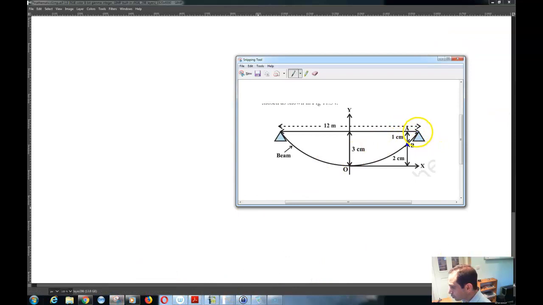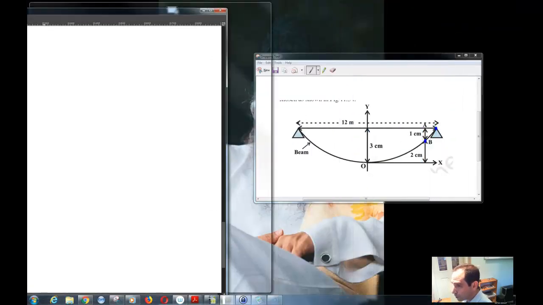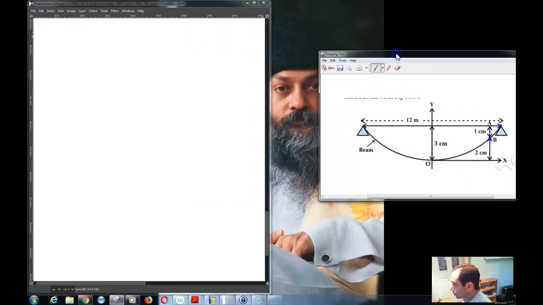Based on this point, you can actually find the equation of the parabola.